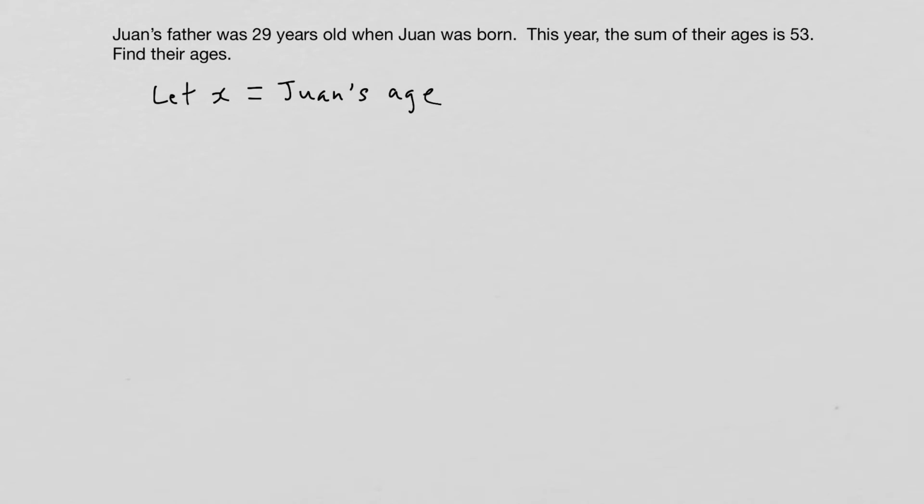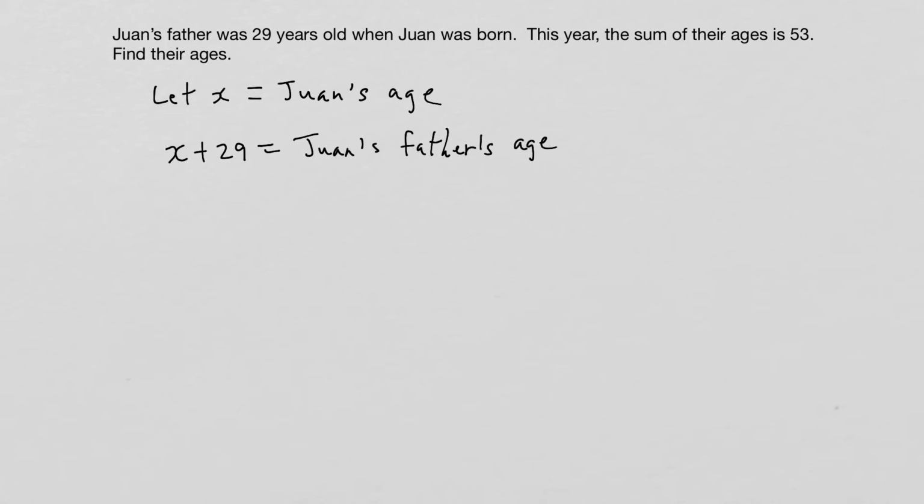Okay, what this means then is x plus 29 is Juan's father's age.